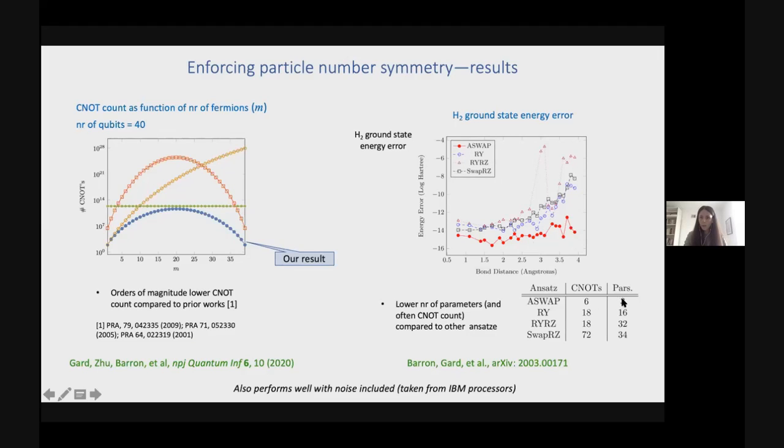And we see here that ours has the smallest number of parameters, which it should, because this is by construction the case. But also, it happens to perform better and have a smaller number of C-naughts for this example, although this is not guaranteed. And we have also more results that I don't have time to show, where we put in noise and show that these perform reasonably well as well.